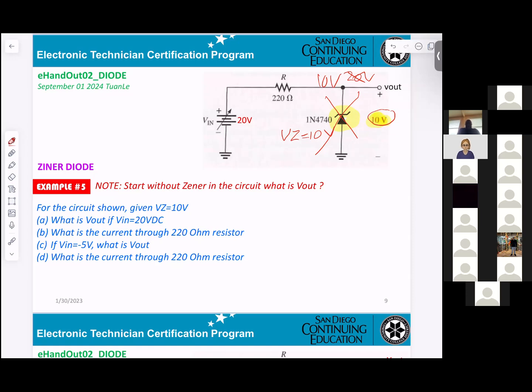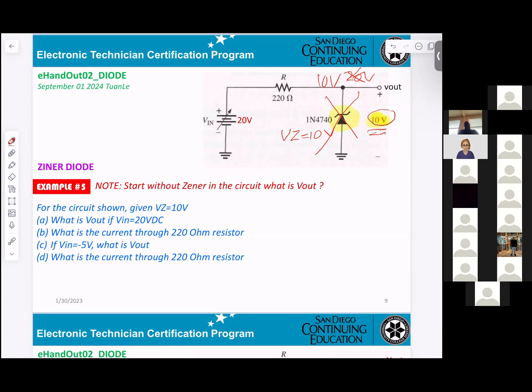So Mr. Pham, what you just did, you took the Zener diode out first, correct? And then your next question was, once you took the Zener diode out, what is the output voltage without the Zener? You said 20, right? And 20 is higher than the Zener's 10 volt.